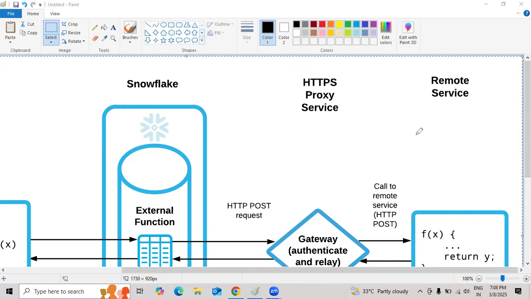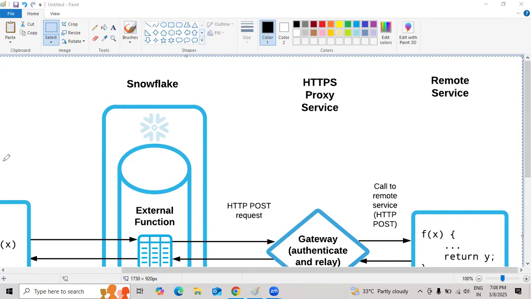The remote service must accept JSON as input and return JSON output, using compatible HTTP headers and JSON formatted data, and exposing HTTPS endpoints. For example, AWS Lambda functions or Microsoft Azure functions are involved in it.